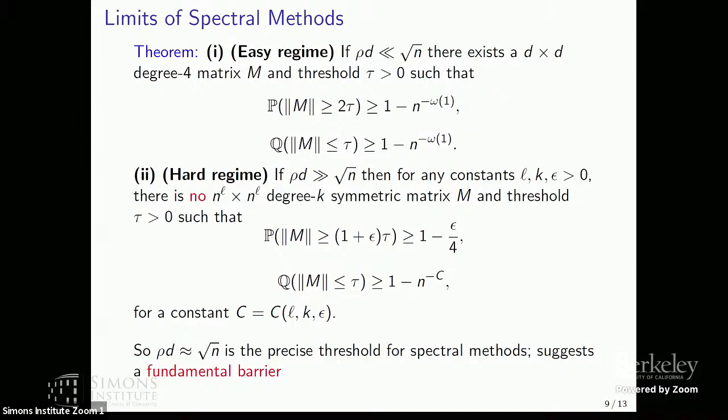So I think that's a nice open problem. That's not really specific to this planted vector, but is something present in all of these types of low degree lower bounds. Okay, so together these things say that this really is the fundamental threshold for when spectral methods can succeed.